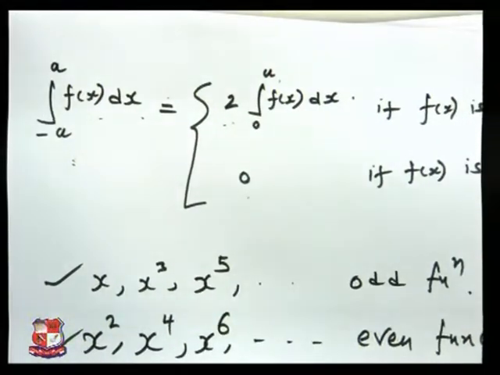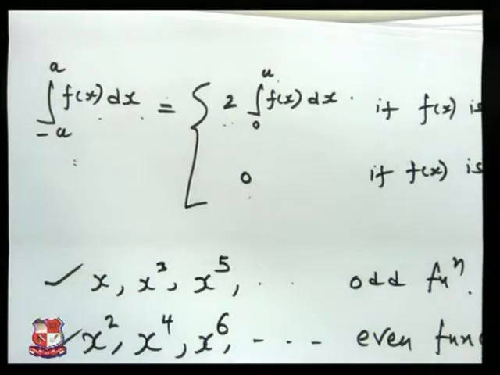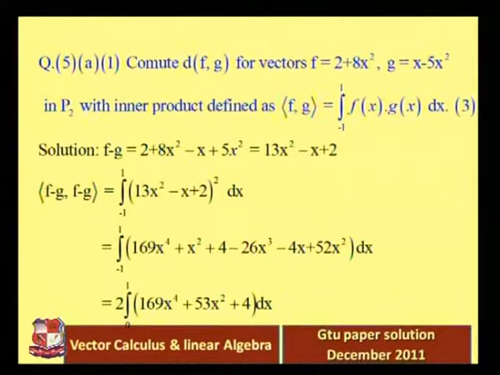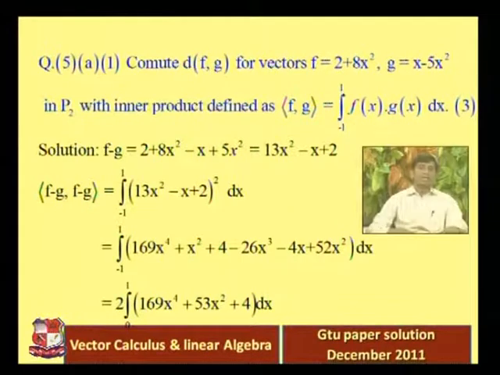Okay, so let's see, now you can understand. Our integration is from minus 1 to 1, and 169x raised to 4. Now x raised to 4 is an even function, so that will become 2 times the integral from 0 to 1 of 169x raised to 4.